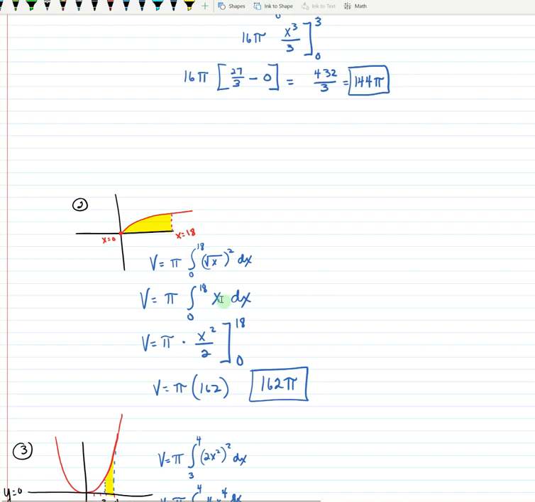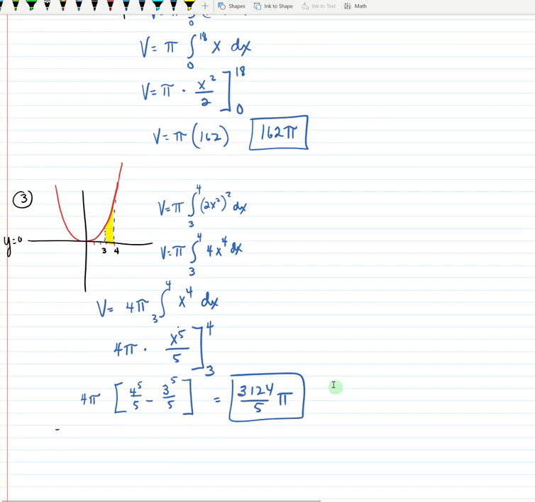And so you've got pi, and then you're going to integrate that. That's x squared over 2, evaluated from 0 to 18. When you plug in 18 squared and divide by 2, you get 162. The 0 cancels out. So you've got 162 pi. All right, that's number 2.